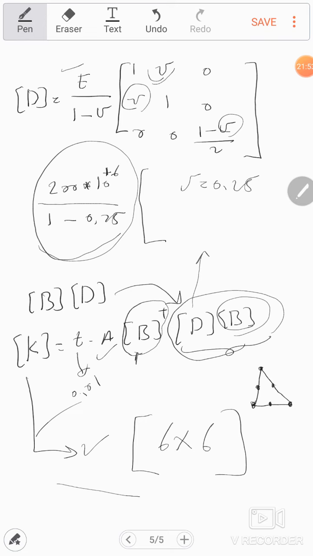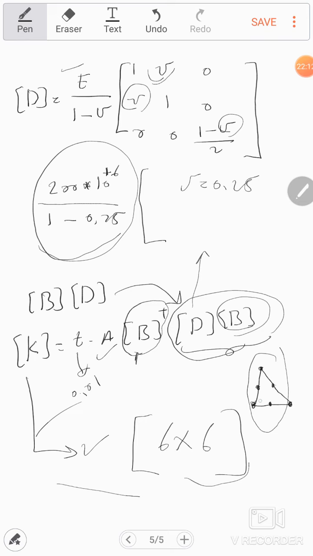So the elements of the K matrix depend on the node. Whether you have 3D or 2D doesn't matter, it just depends on the node, because we solve element by element.